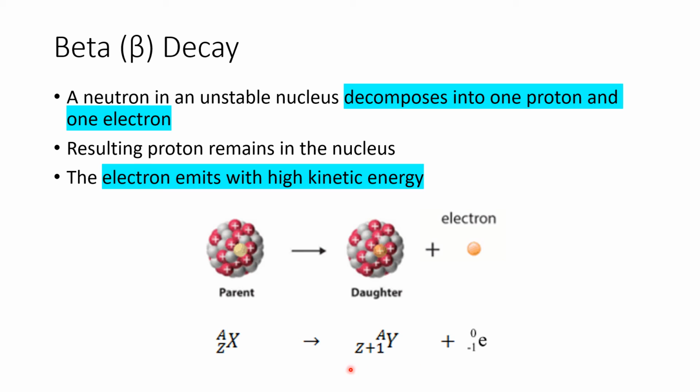The beta decay result shows that the proton number of the daughter nucleus is 1 more than its parent, but the nucleon number, which is the total number of neutrons and protons, is the same. Therefore, we can see that the equation is balanced, same as the alpha decay equation.